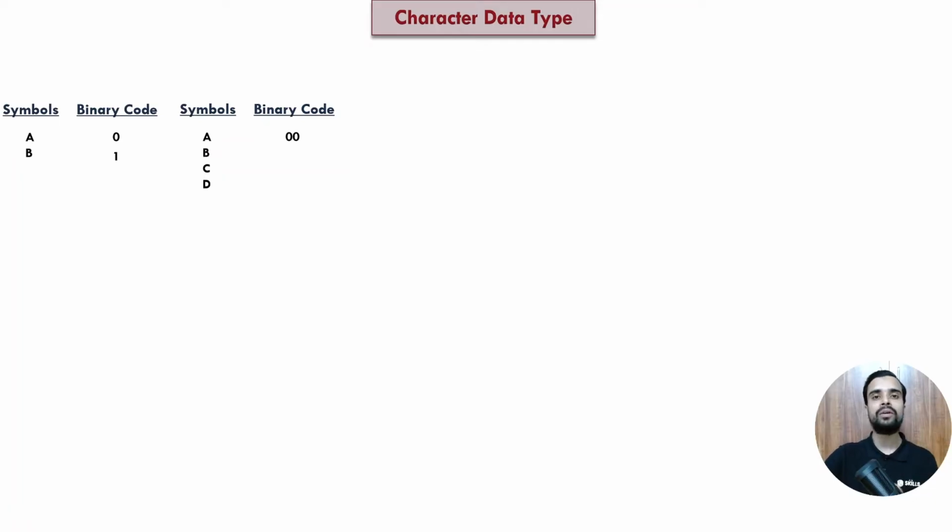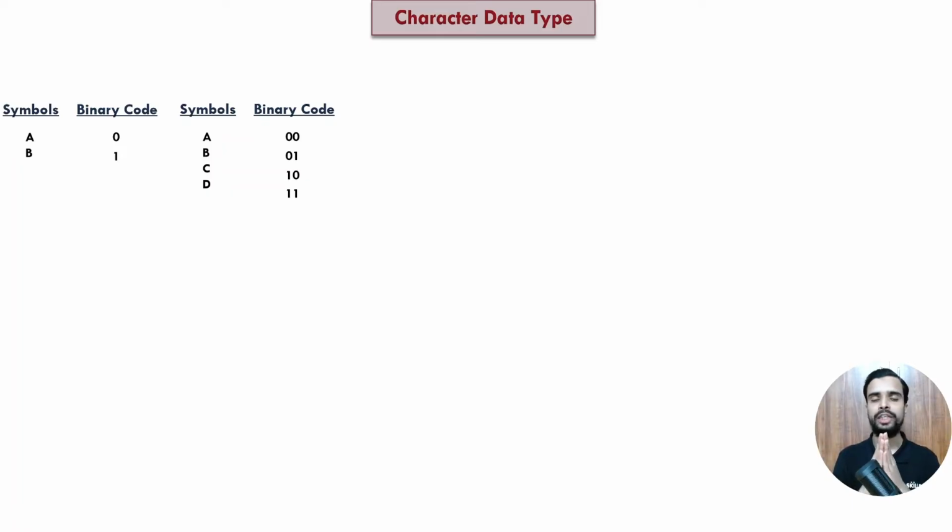Of course, it is a binary code because it is composed of binary digits. To the second symbol, I would assign the binary code as 01. To the third symbol, 10. To the fourth symbol, 11. I'm sure now all of you have understood what I meant by increase the length of the binary code. And this is similar to the concept of truth tables. I'm sure all of you have come across it in your academics.